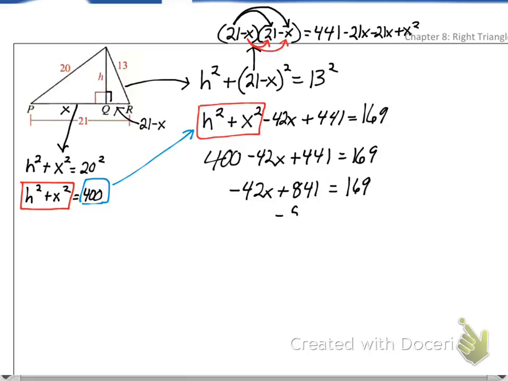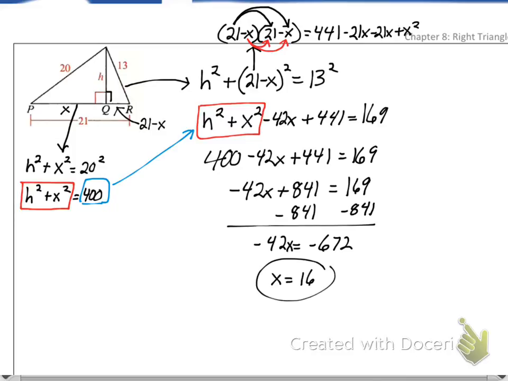I'm going to subtract 841 on both sides, and that's going to give me negative 42x equals negative 672. Divide both sides by negative 42, so that becomes a positive 16.